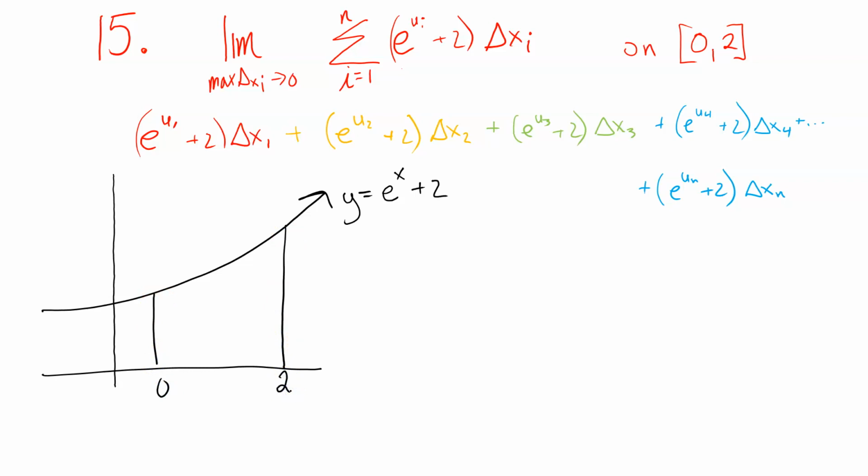We're talking about this region 0 to 2 because we're given a Riemann sum. The widths of the rectangles aren't necessarily uniform and their heights aren't necessarily found in the same place.